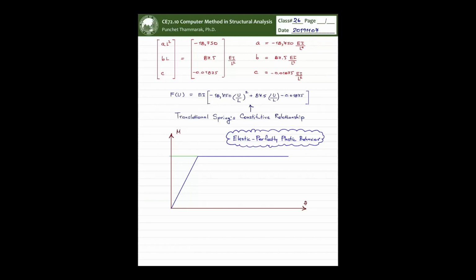Actually, when we code the Octave, let's make it moment curvature relationship for all kinds of things: concrete, RC, steel structure.